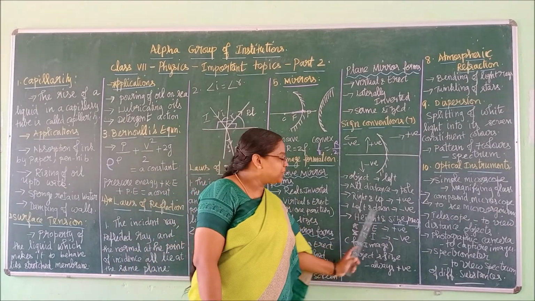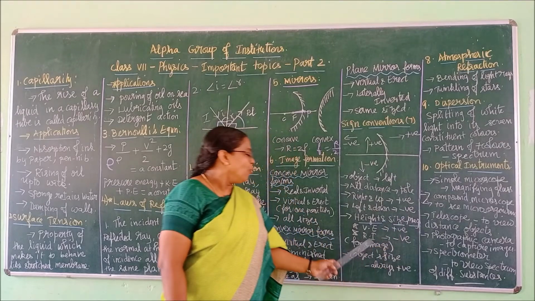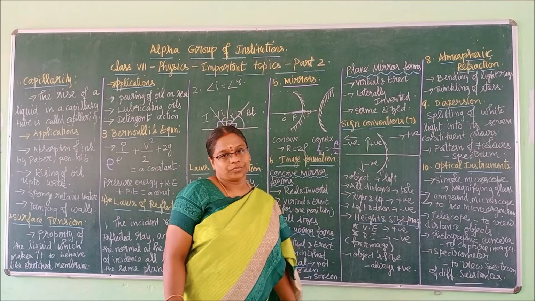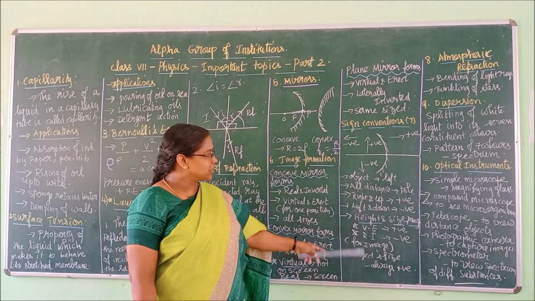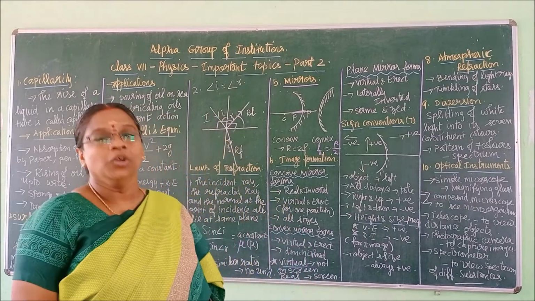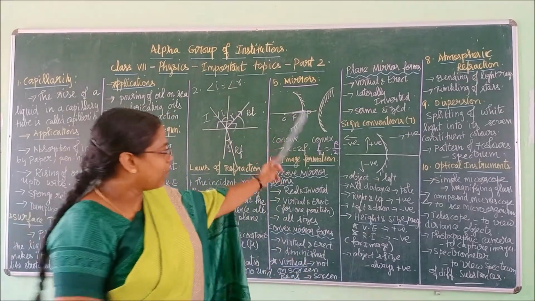Next, height, size and magnification for a real and inverted image are negative. So this point I have discussed. All these points are very important, and many questions will come from this.